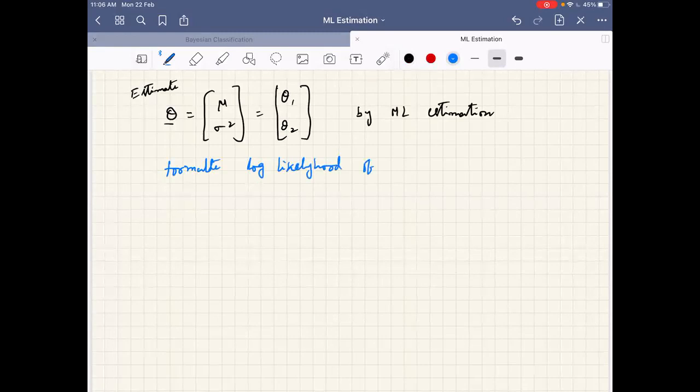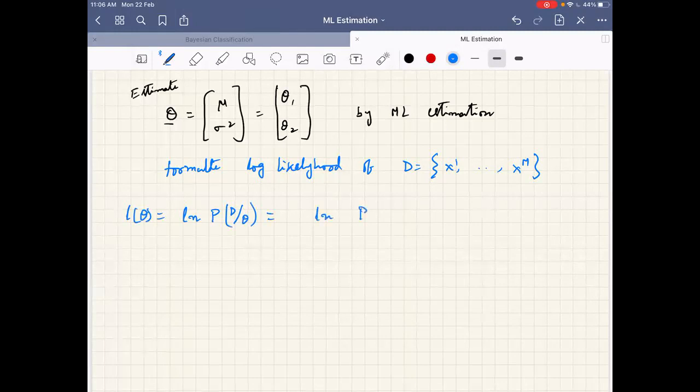Formulate the log likelihood of all samples x1 to xm. So log likelihood means ln of p of D given theta. This is what is to be formulated initially, correct? So how do I formulate this?